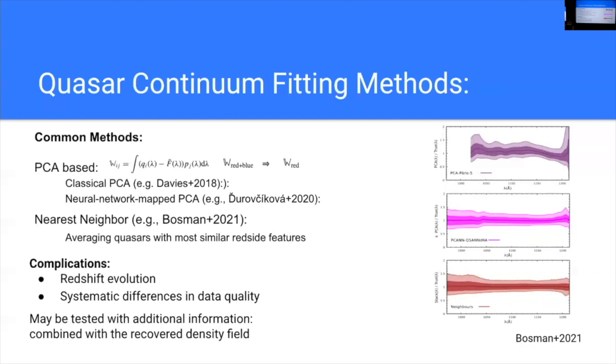So the commonly used methods are, for example, the PCA based, basically choose a set of principal components and then represent every quasar with a bunch of weights in both the red side and blue side, and then find a way to map the red side weights to the blue side.